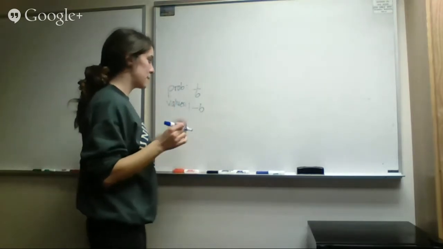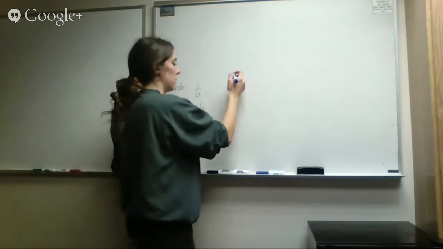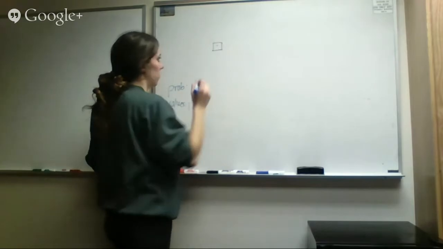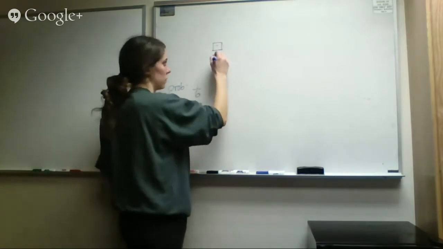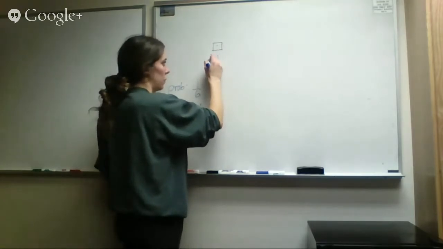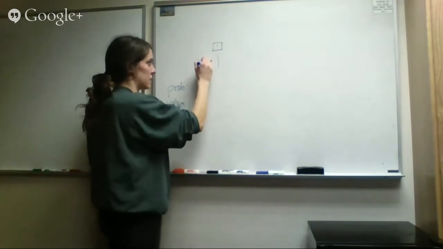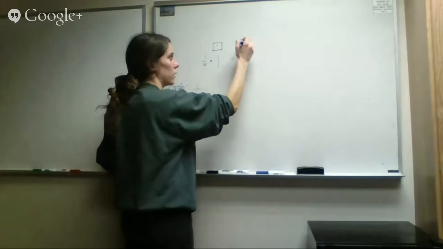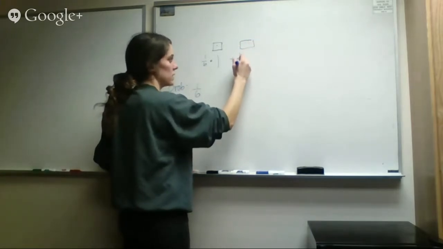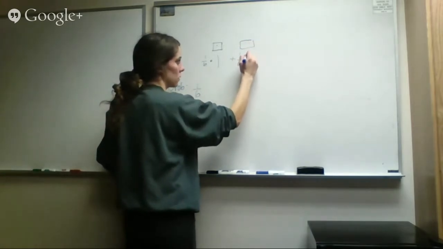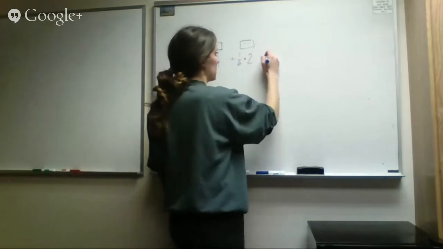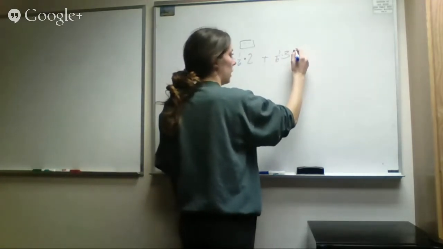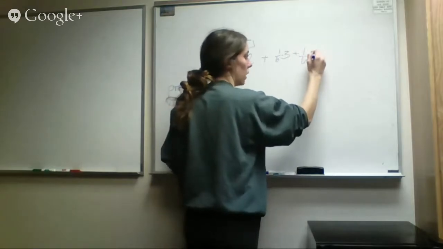To get the expected value, we're going to multiply. What's the probability of rolling a 1? The probability is 1/6. It's going to be that way for everything. What's the probability of rolling a 2? 1/6. Rolling a 3? 1/6. And so on.